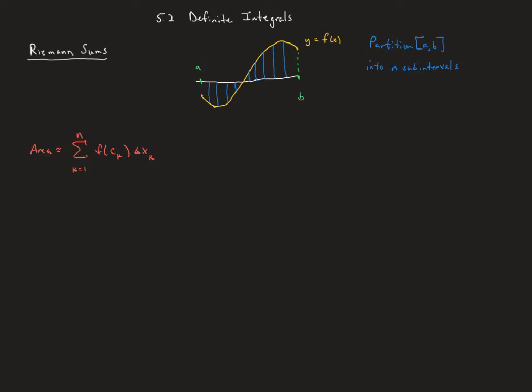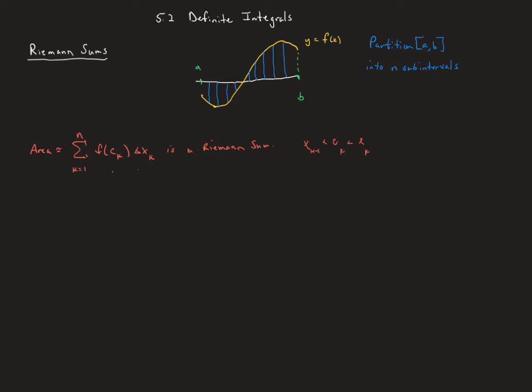So anything in that form where you've got a height times a width of a rectangle is what we call a Riemann sum in its most general sense. And we have here that x sub k minus 1 is less than c sub k is less than x sub k.